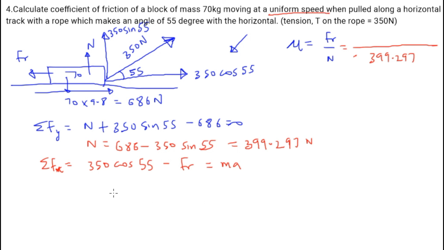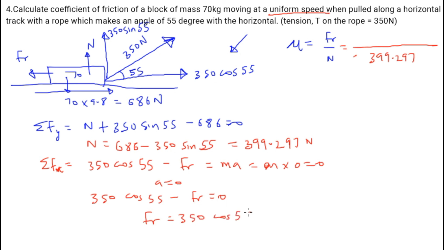Those are things that you should underline in the question. If an object moves at a uniform speed, acceleration will be 0. So the mass multiplied by 0 is also 0. So 350 cosine of 55 minus Fr is equal to 0, so that Fr is equal to 350 cos 55 degrees.